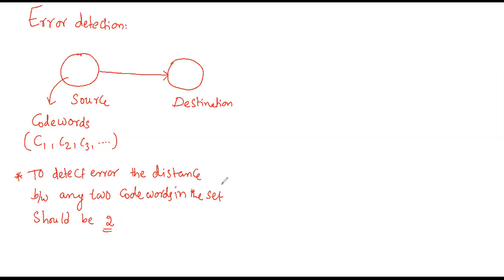Explaining this point, for example, you are transmitting some data. The code words are like this: 0 1 0 and 0 1 1. We have two code words, C1 and C2.